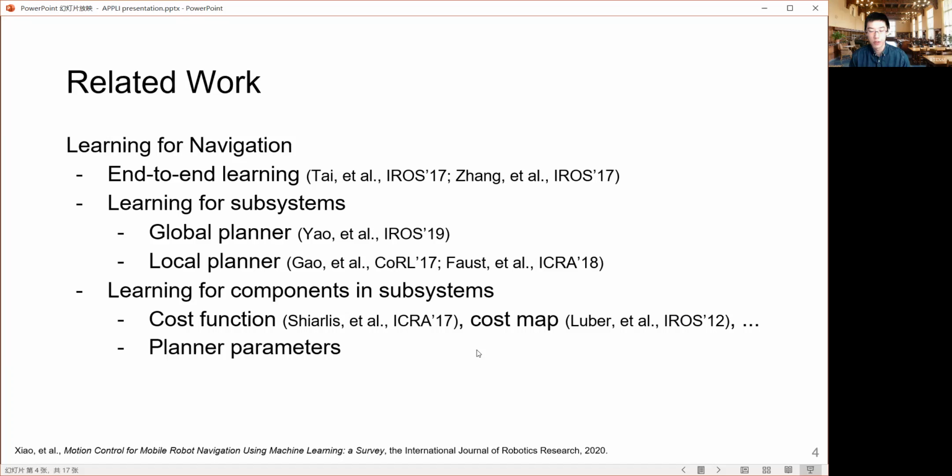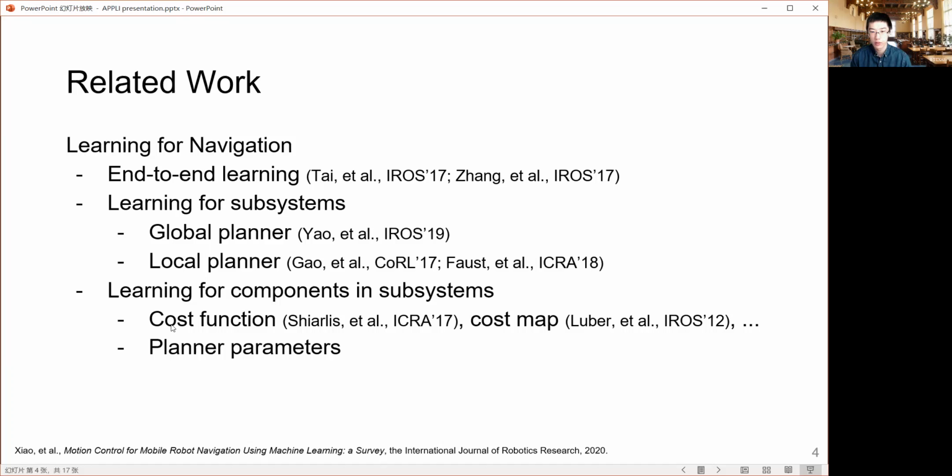So here we first review some related works. Machine learning has achieved a lot of progress in navigation, and at different granularities. For example, some end-to-end learning works replace the whole navigation stack. And there are also some works that just replace subsystems, for example, just the global planner or the local planner.